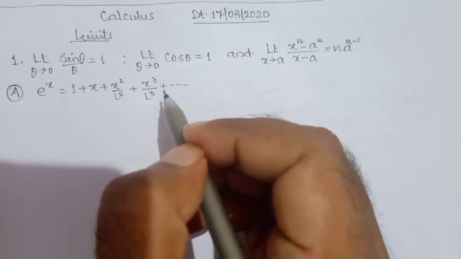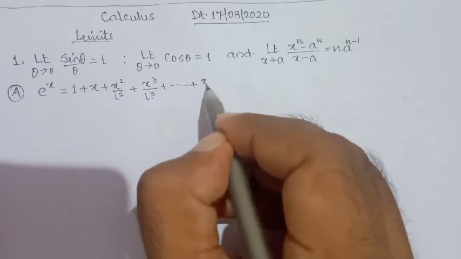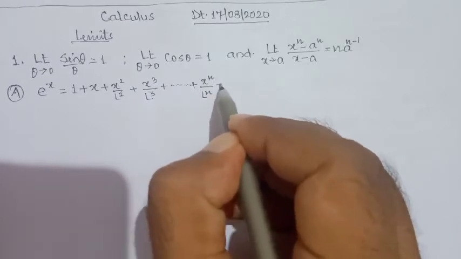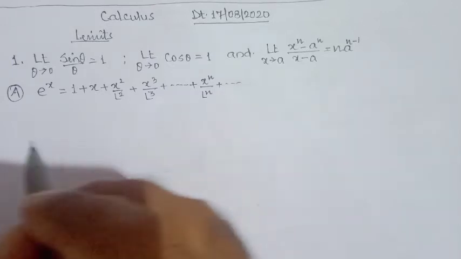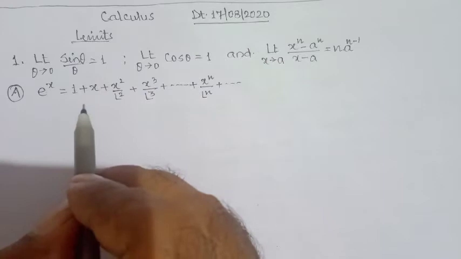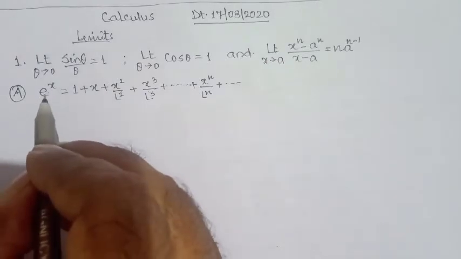Similarly, anywhere it contains the n plus 1th term, that is x to the power n by factorial n. Similarly, replace x by minus x, then it should be e to the power minus x.